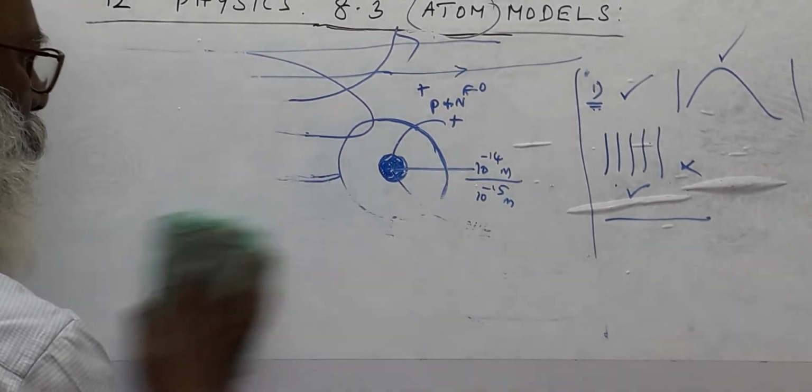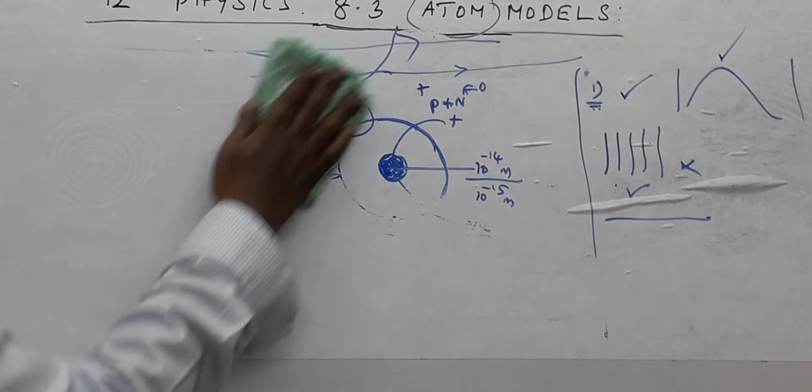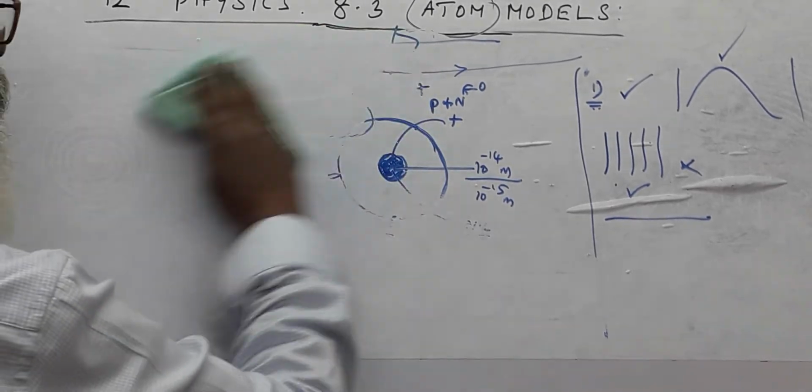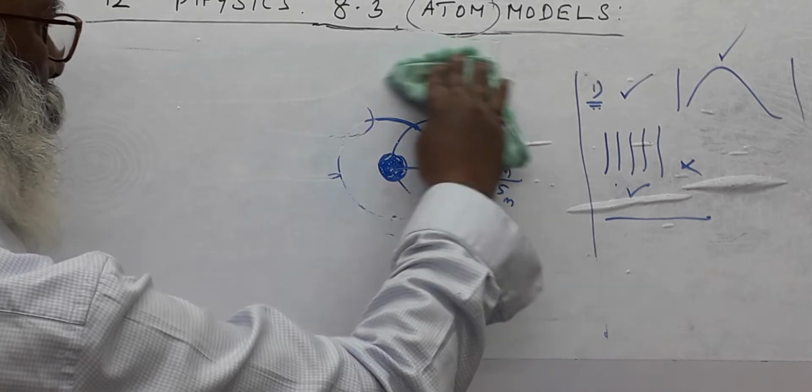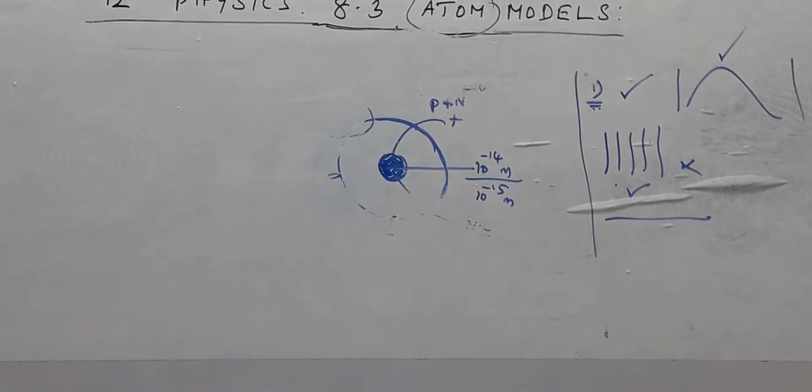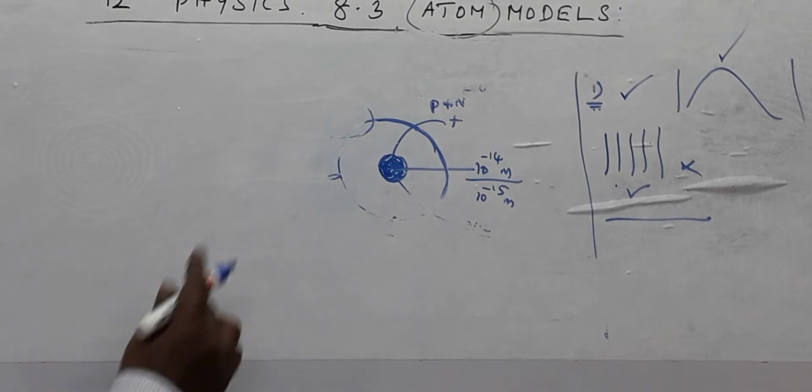Again, we have to explain this, a very important 2-3 marks topic. One is called the minimum distance, or the distance of closest approach. What is the closest approach?